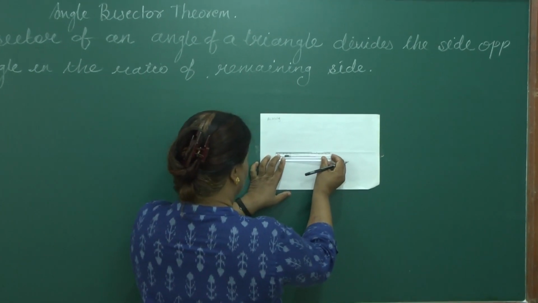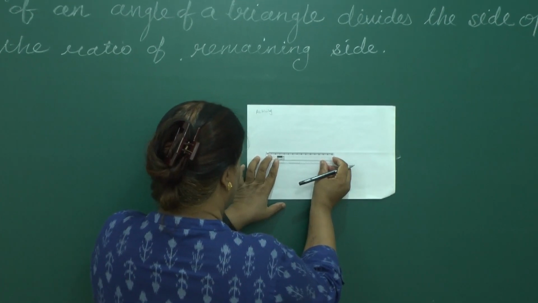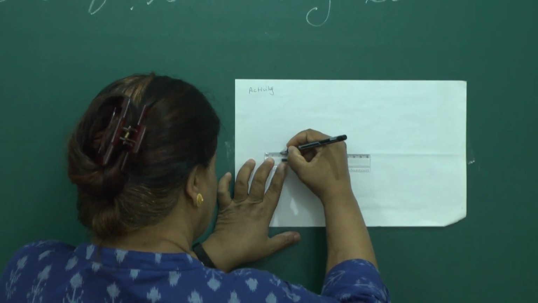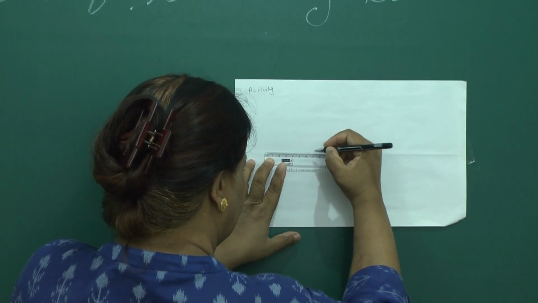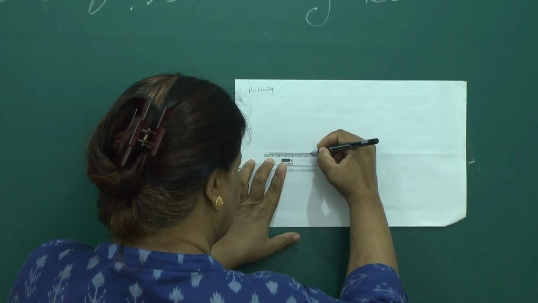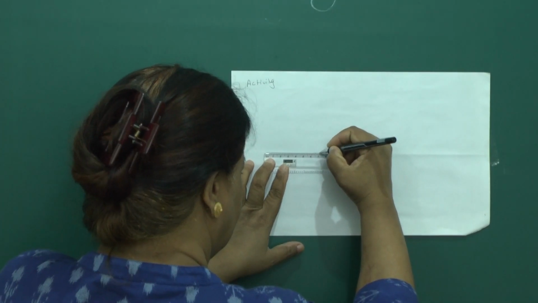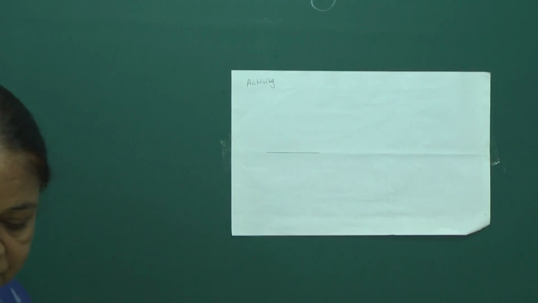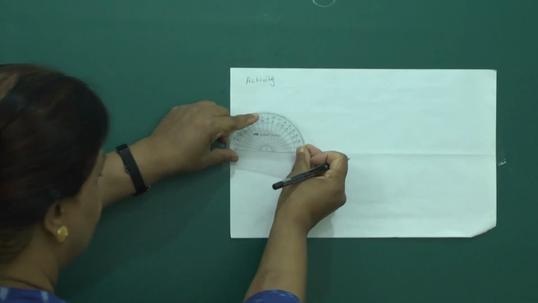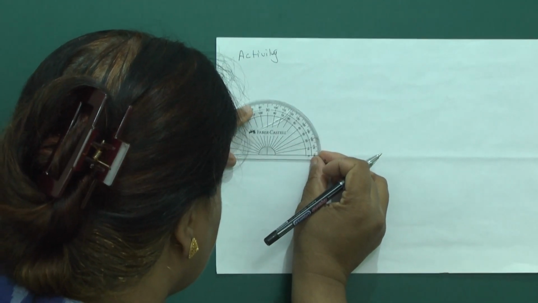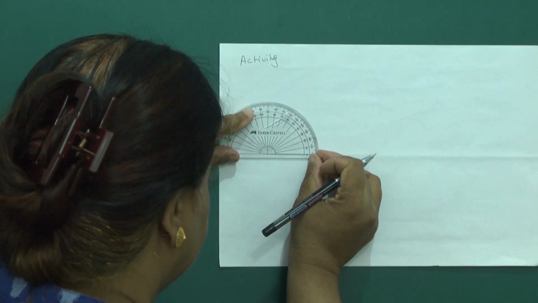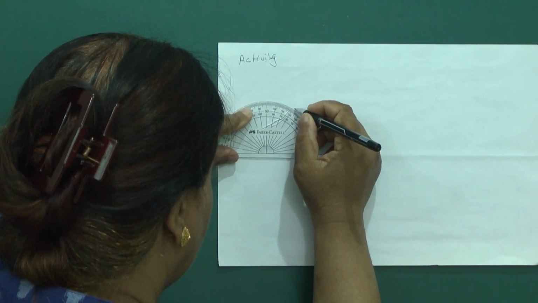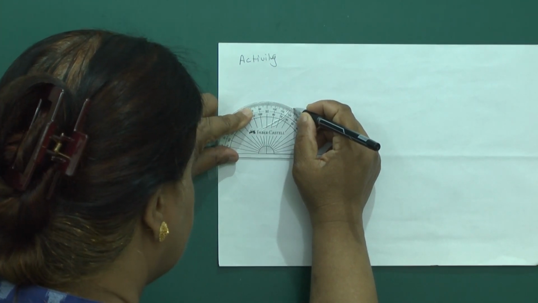Children, I am going to draw a triangle, and one side of the triangle is 7. I will be taking the protractor and marking an angle of 60 degree.